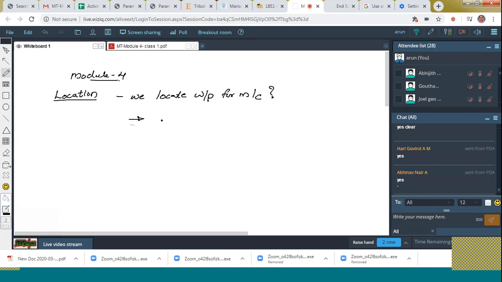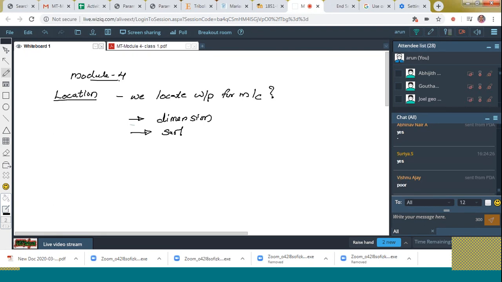Yes, the dimensional accuracy will be poor. That is the first thing. Then anything more? What about the surface finish? If you didn't locate the workpiece in a good way, it will be poor. So that is another problem.